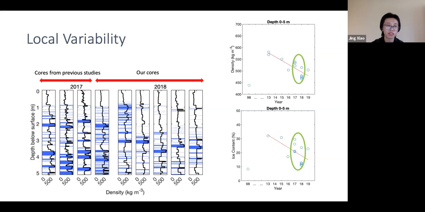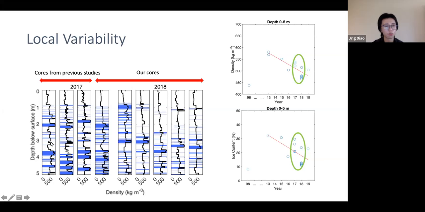And also the drilling and measurements were carried out by 2 different teams, so this could also cause some uncertainty. As shown in these figures, though these cores are within a near distance, like tens of meters from each other, their statistics are not very similar, which indicates a lot of local variability.